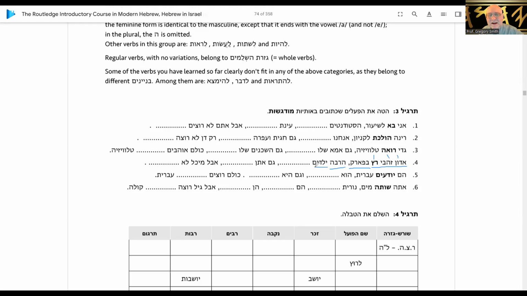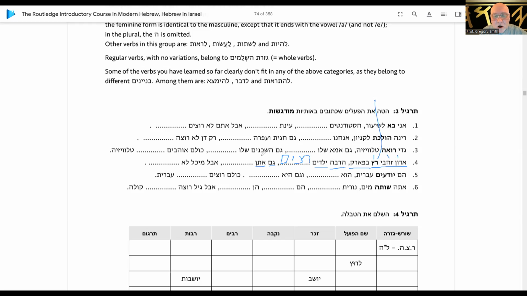Okay, so many children. So basically, this is the one right here we're working with, rats. So the children are doing what? They're running. So it's probably ratzim, I bet you. Okay, so we're going to use ratzim. Yep, that's right. Okay, so harbe yeladim ratzim. So there are many children running.